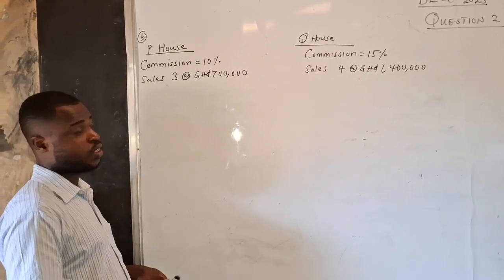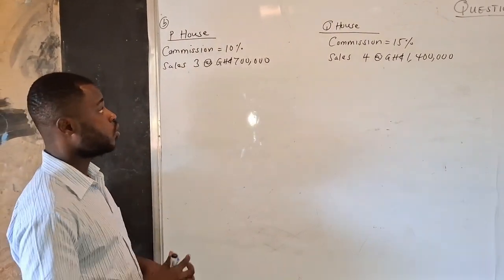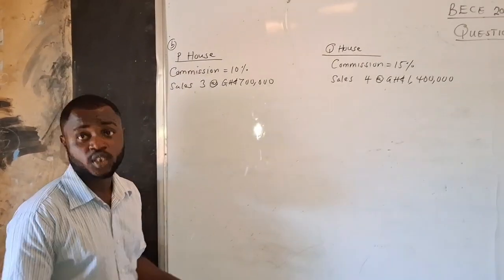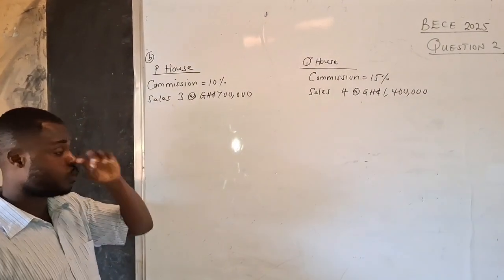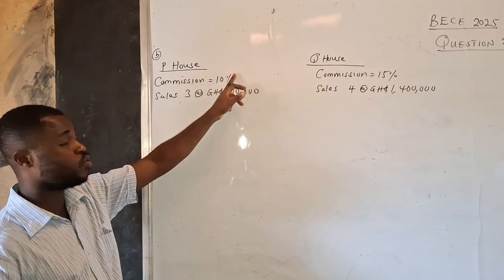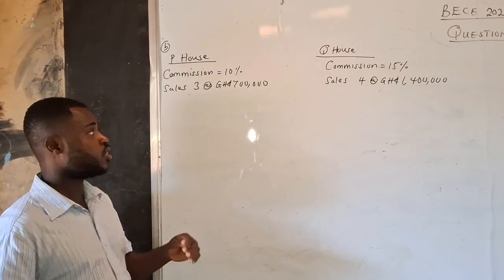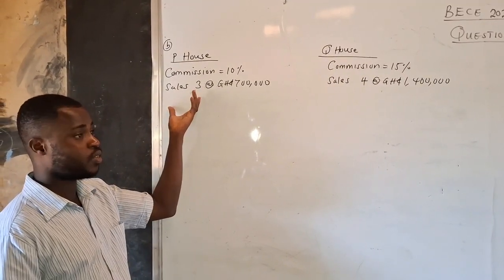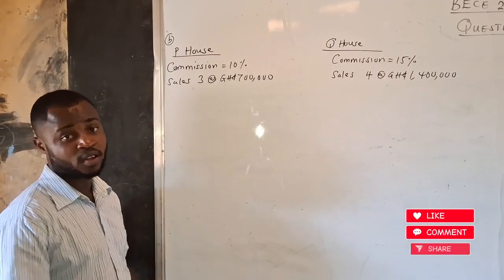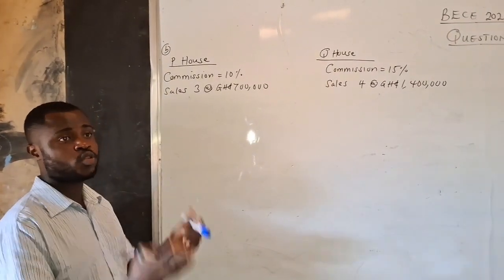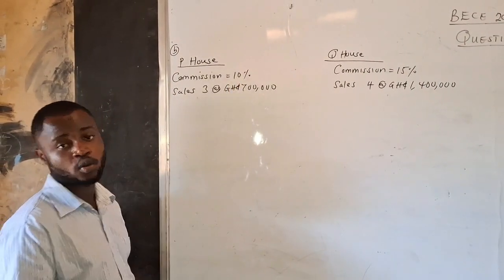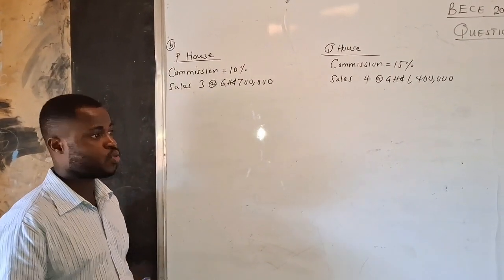Calculate the total commission. We calculate commission on sales, and the percentage given to us is 10%. He sells 3 houses, and each one costs 700,000.